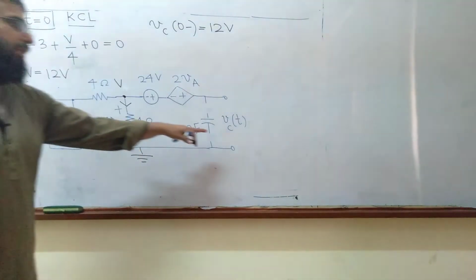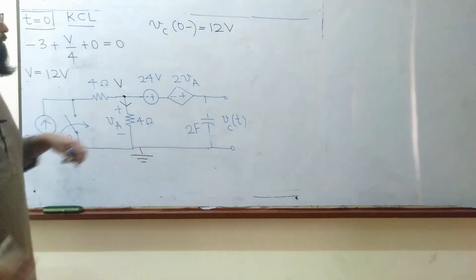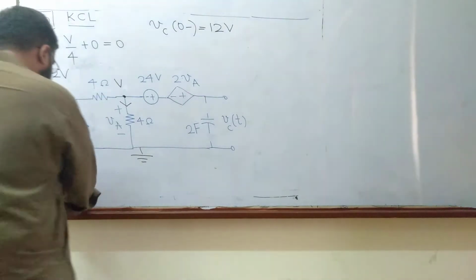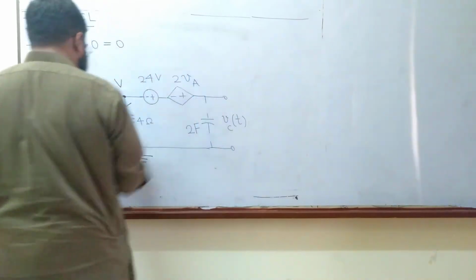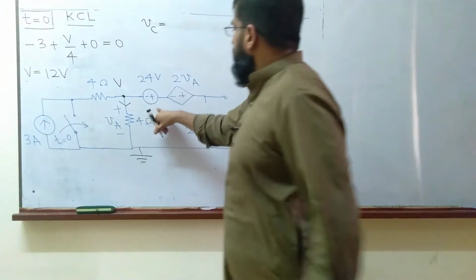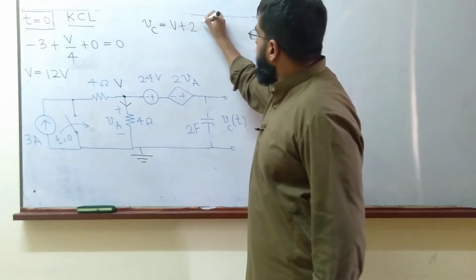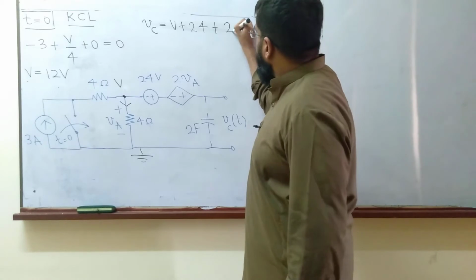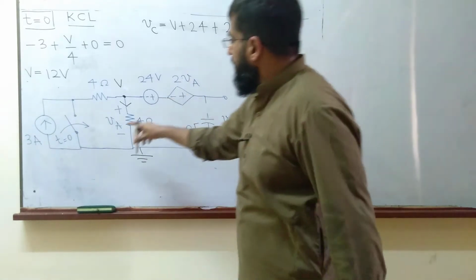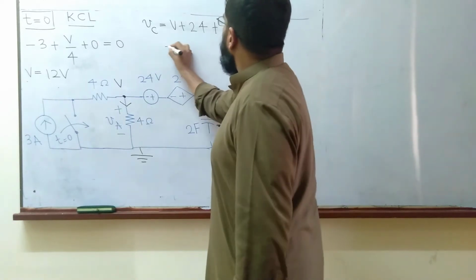The voltage across a capacitor, sorry, this is not Vc, this is V. So Vc is the voltage drop V plus this 24 plus 2Va, where Va is the same as V. So this is 2V.